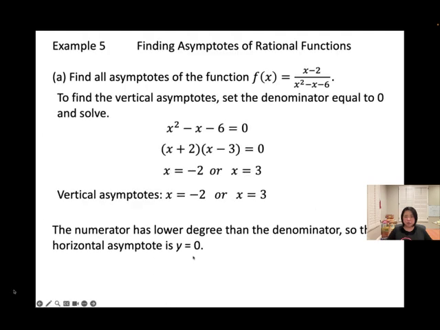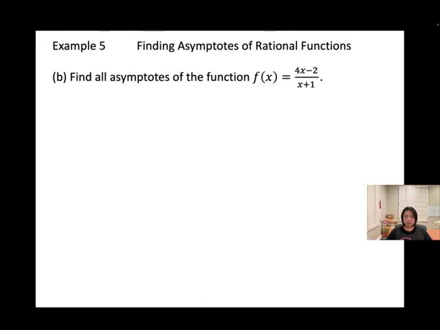Okay, y equal to 0, the horizontal asymptote. B, try to do it by yourself. Find the vertical asymptote first, and then look at the degrees of p of x and q of x to see if they have any horizontal asymptote.